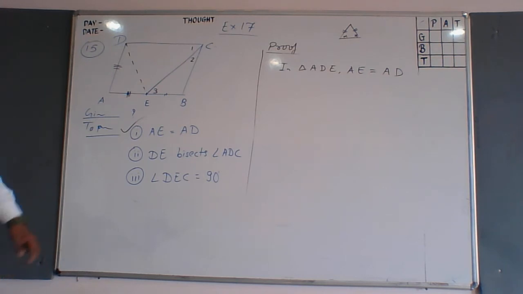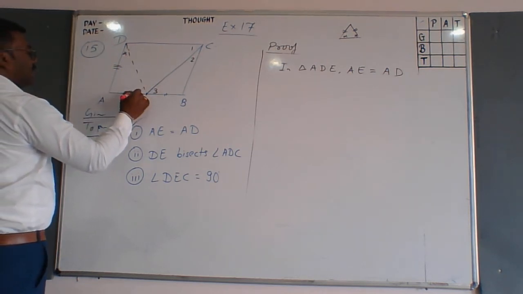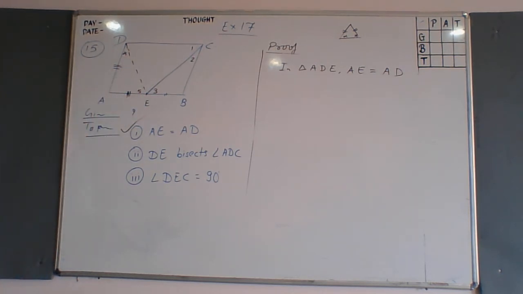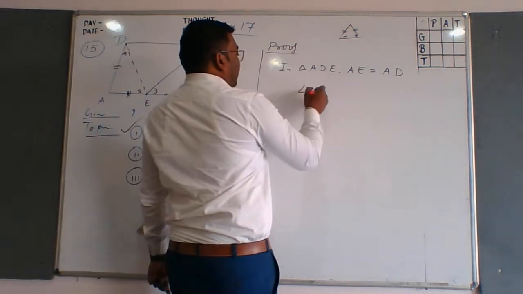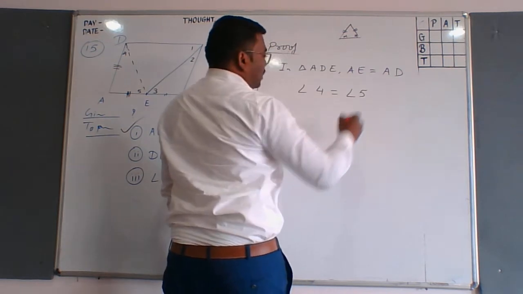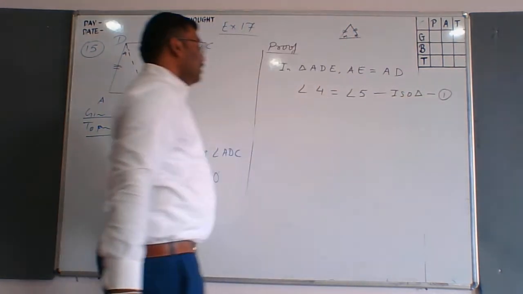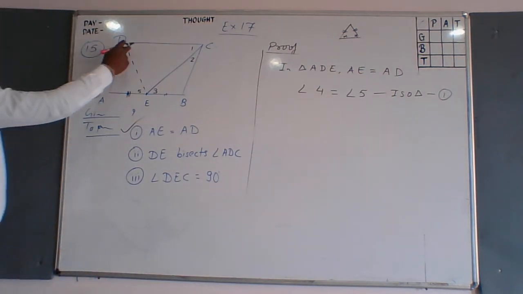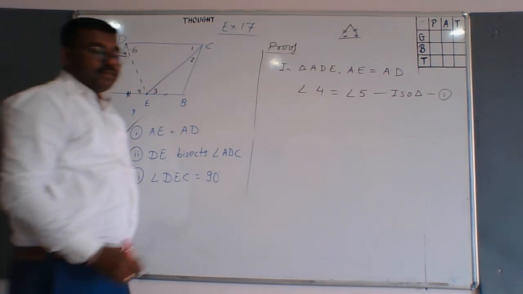So what we can say now, if these two sides are equal, then angle number 4 and angle number 5 are equal angles. Correct? So therefore angle 4 equals angle 5. Reason is isosceles triangle. Let it be 1. But angle 6 and angle 5 are also equal.